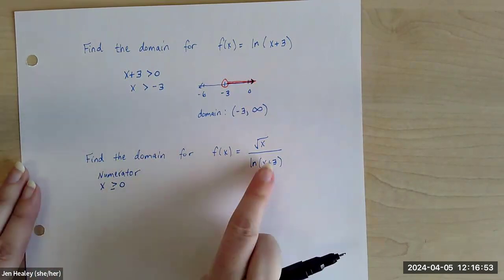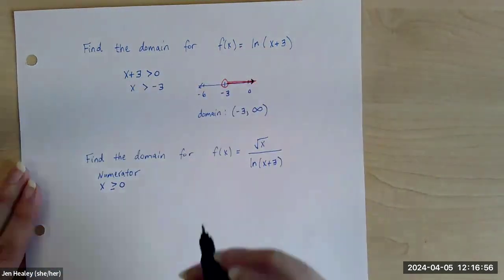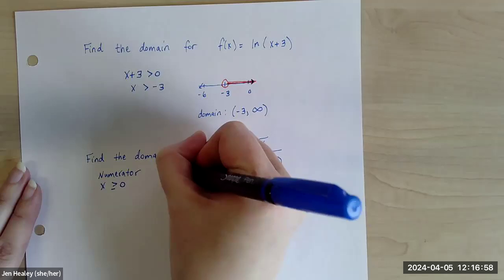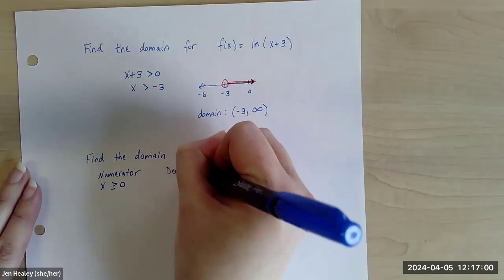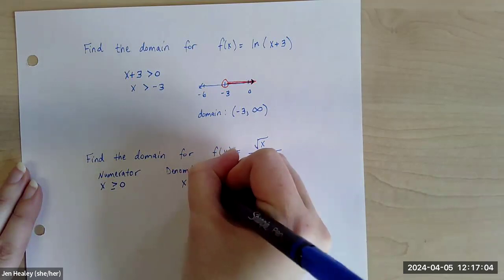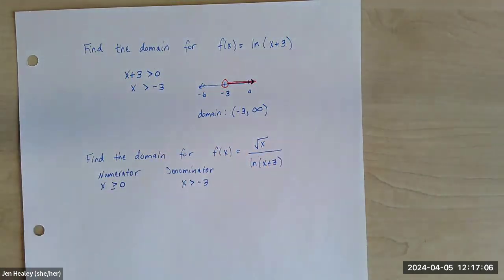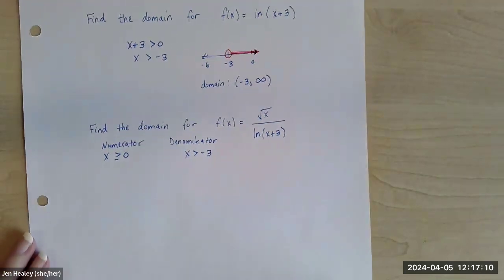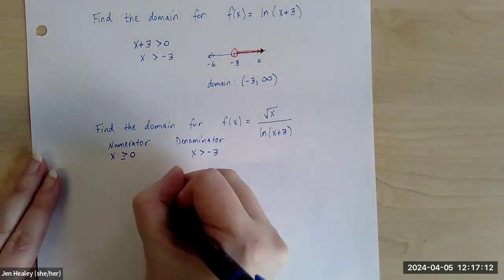But my denominator is the same thing that we just did, and my denominator said that x has to be greater than -3 when we solved it. So in order to answer this question, I have to account for both of those things. This is, again, where a number line is a really good idea.